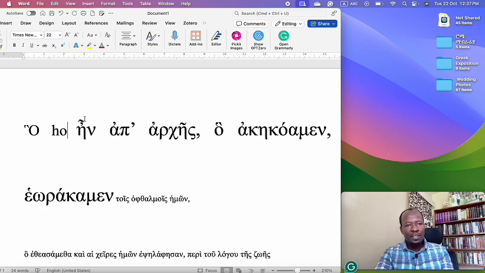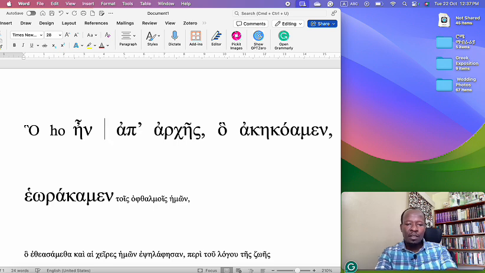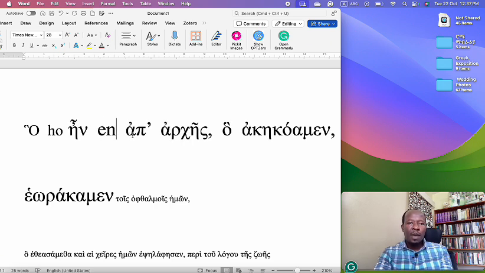This one is actually an accent mark, a circumflex accent mark. This one is a breathing mark. It is smooth, so no H sound for this one. So N should be N. Okay, N.